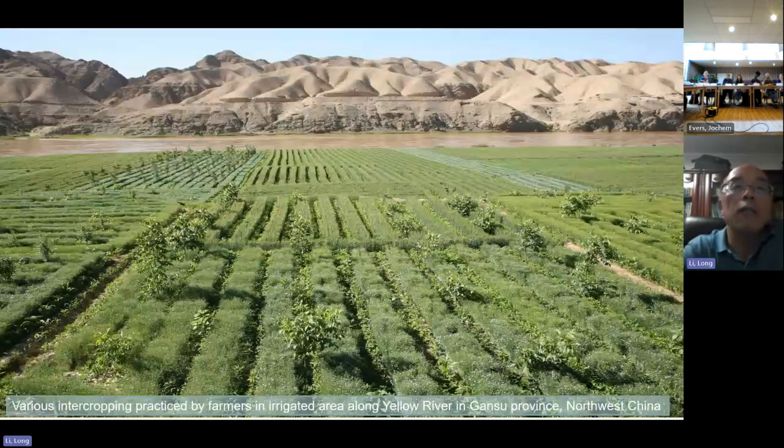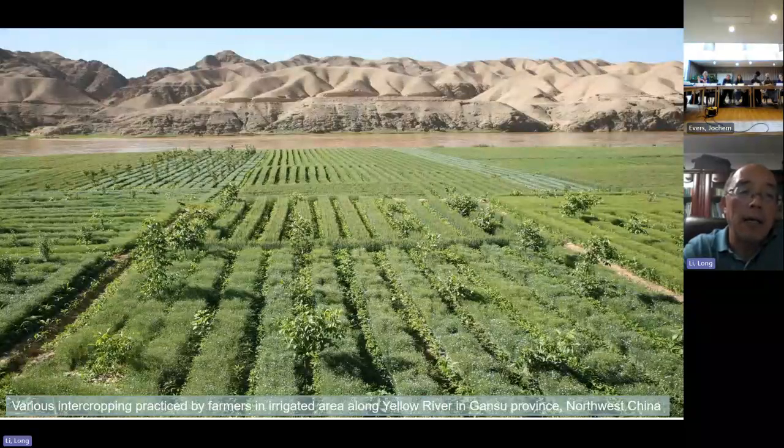Firstly, I'd like to show this picture. I think most of you are familiar with it. Also, I think Joachim and Walker also visited this area. There are various intercropping practices by farmers in the irrigated area along the Yellow River.